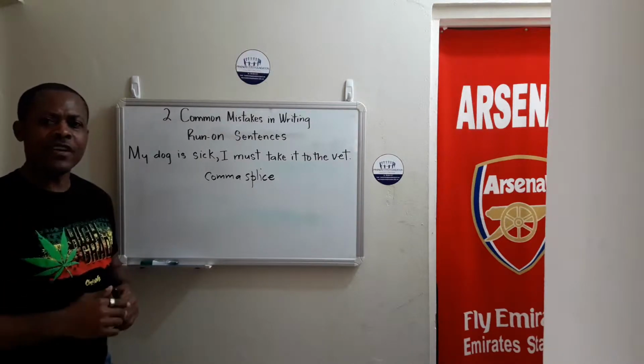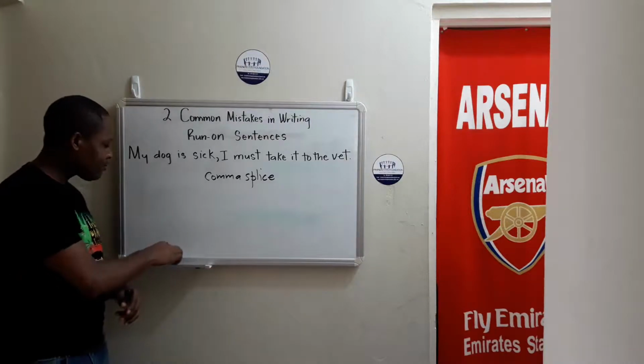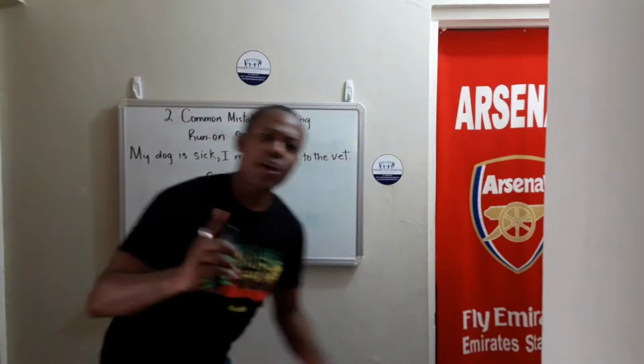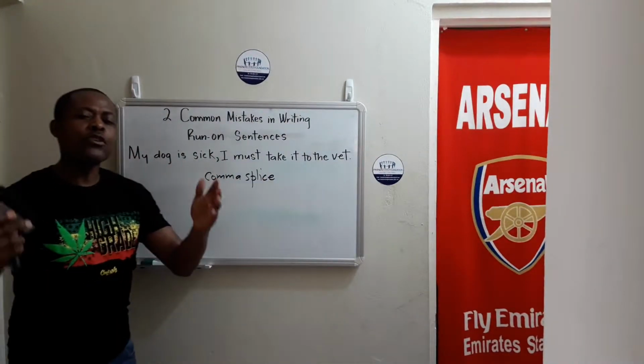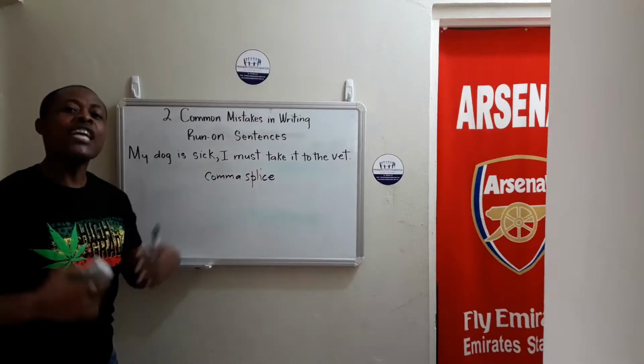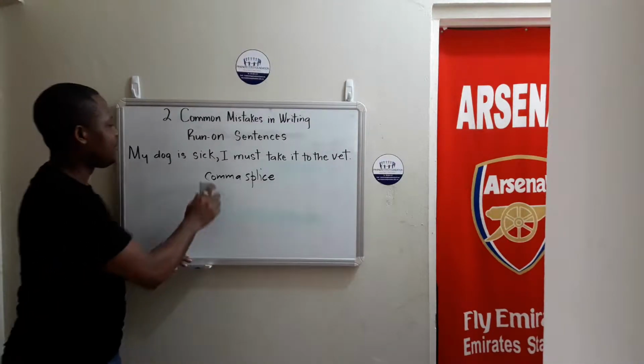Now, how do we fix this problem? That must be the question that you have. There are many ways to fix this problem. Now, one of the most important ways of fixing this problem is to introduce a coordinating conjunction.